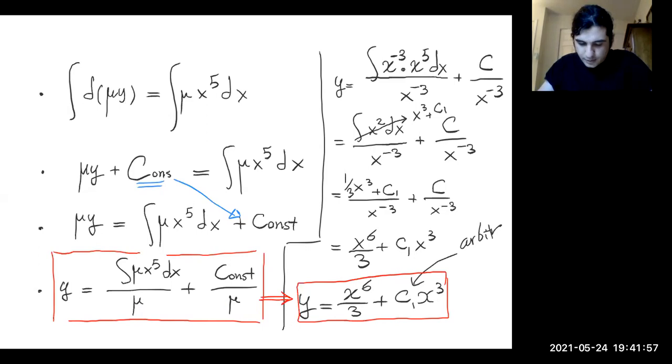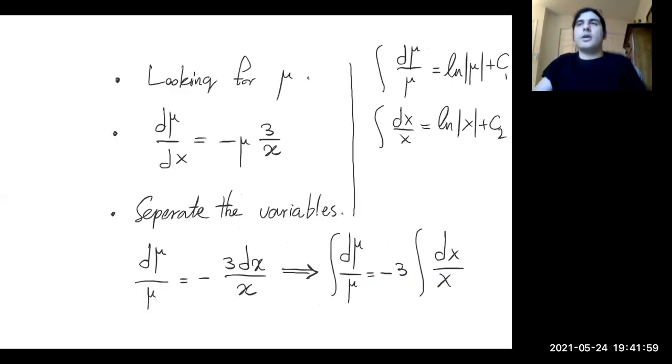So the next step was going back to see what mu is. This was the equation mu is supposed to satisfy, because we could use the product rule. We can solve this equation using separation of variables. I would take everything which has mu in it to the left side, everything which has x in it to the right side, and then take the integral of both.